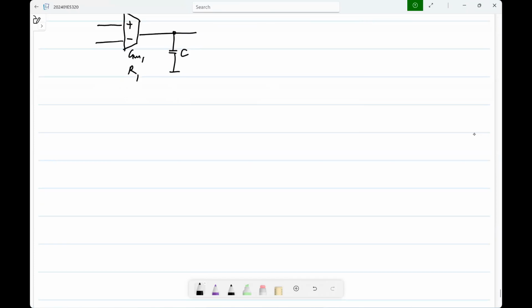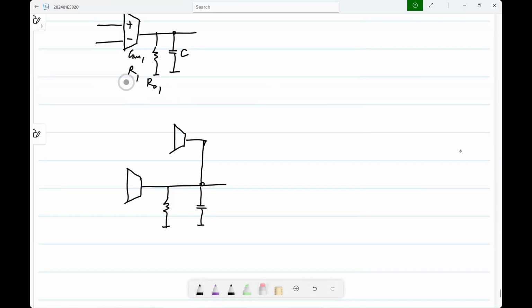So instead of this, now I have this, a variable current source used to, maybe I should show RO1 here in this case for clarity. So this is RO1, and let me call this the second path.